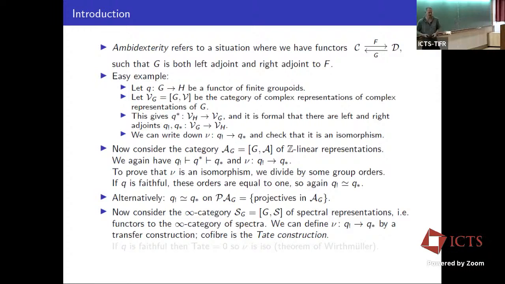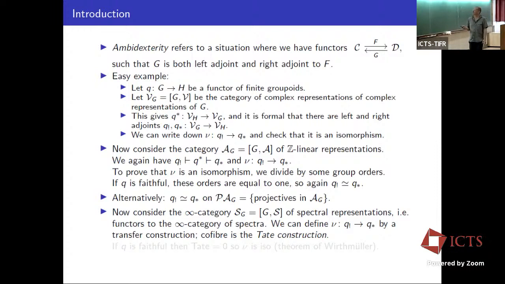And once you get used to the framework of infinity categories, the story about limits and colimits there is similar to the story about ordinary limits and colimits in ordinary categories, once you get your head in the right place. Then we've got this left and right adjoint, and again, you want to define this nu.